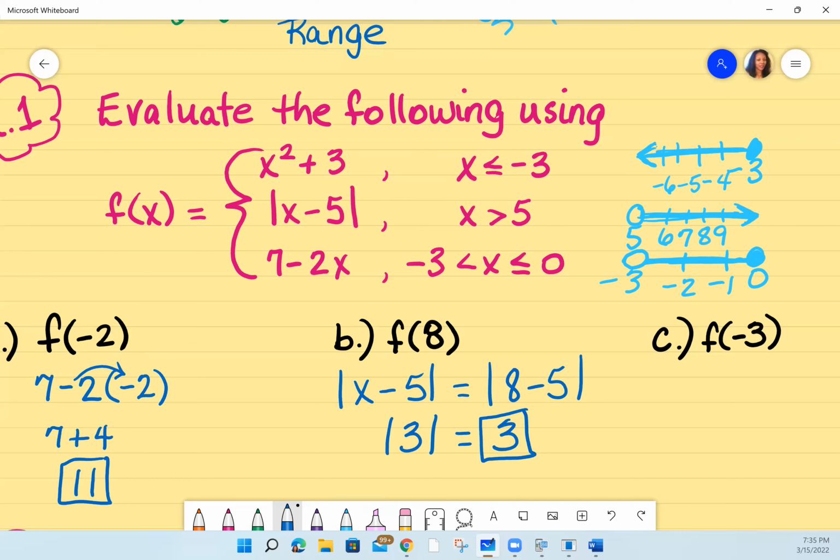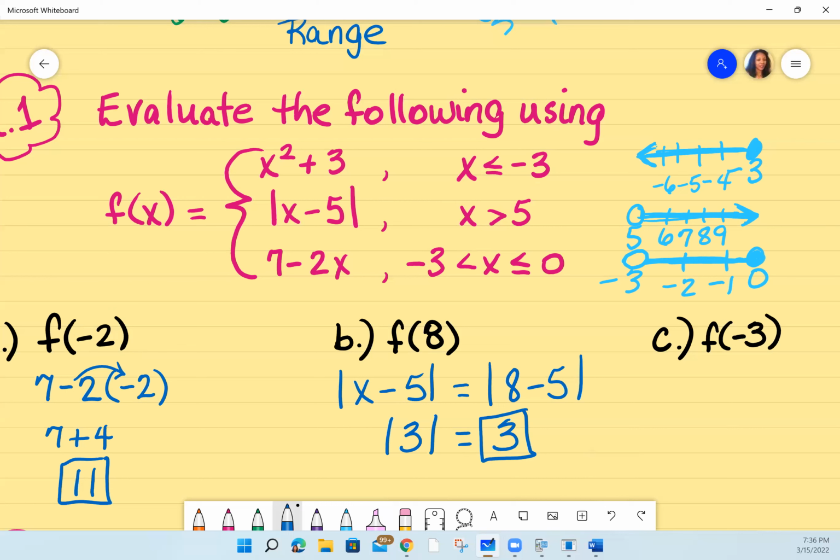And then part C, I'm going to look at -3. Well, if I'm looking here, I see a -3 here and a -3 in the third rule. How do I know which one to choose? You want to choose the one that has the equal sign because it's actually included. That's why I personally like to look at the visual representation so I can quickly see it.